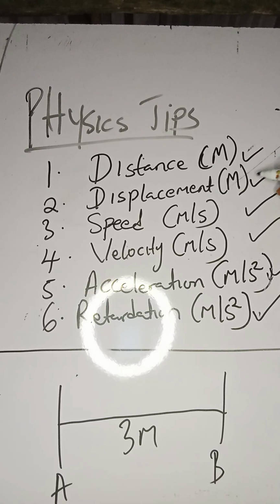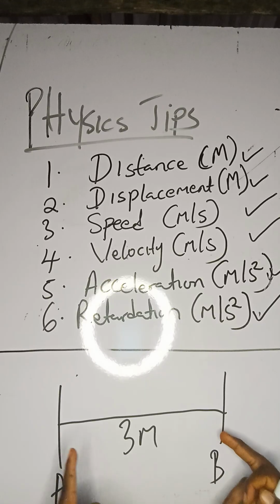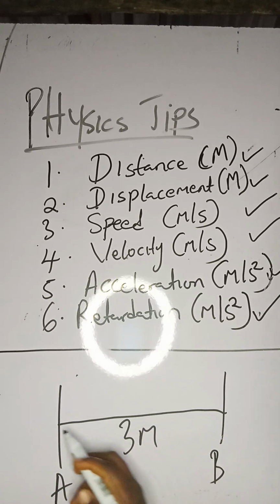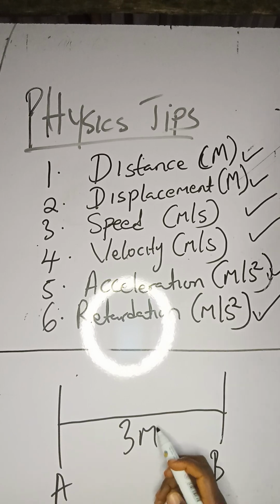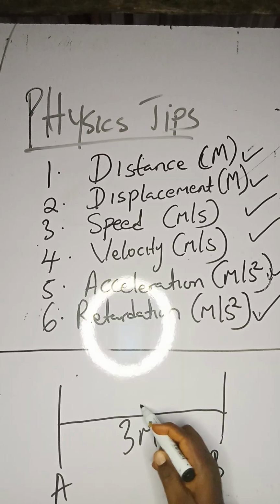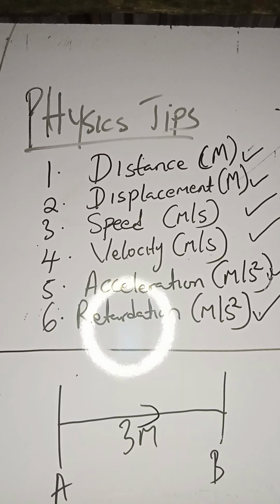Then let's go to the second one, the displacement. The displacement is this distance I've given, then going ahead to specify the direction from where I measured from. If I've measured from A to B, I will indicate this with an arrow. But if I've measured from B to A, I will indicate with an arrow.